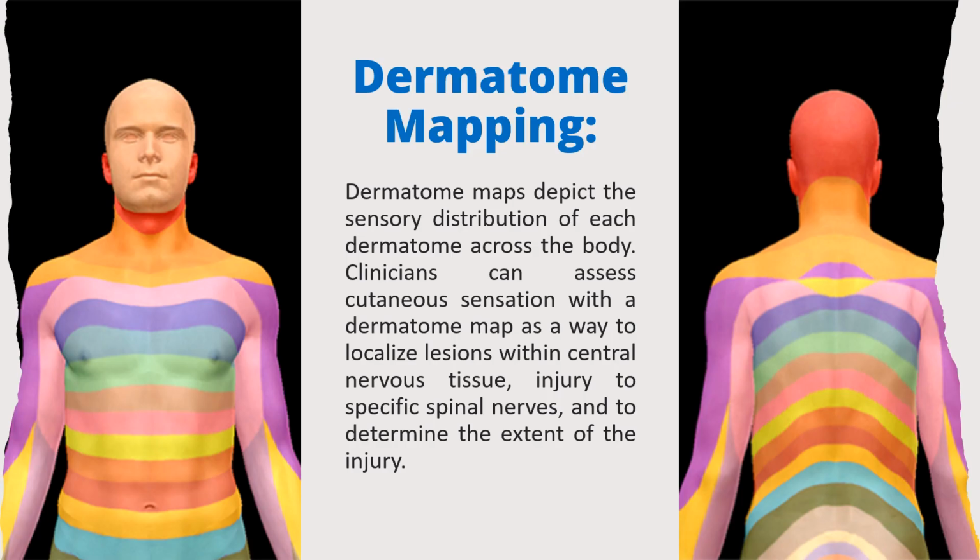So let's talk a little bit more about dermatome mapping. Dermatome maps depict the sensory distribution of each dermatome across the body. Clinicians can assess cutaneous sensation with a dermatome map as a way to localize lesions within central nervous tissue, injury to specific spinal nerves, and to determine the extent of the injury.